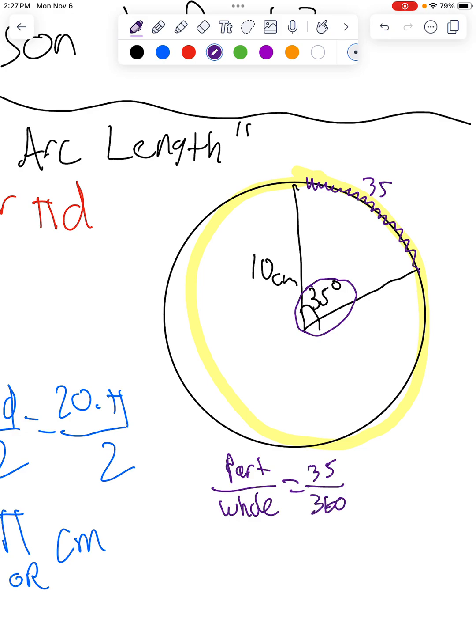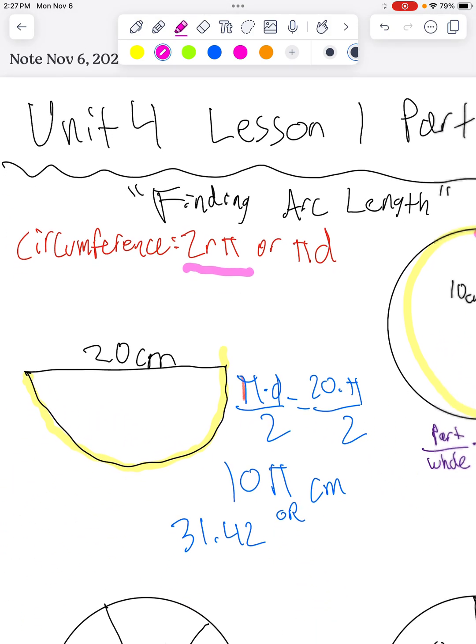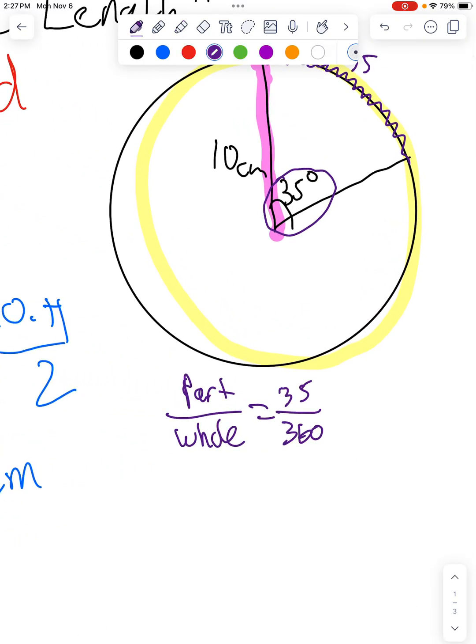And then I've got to determine, do I have the radius or do I have the diameter? I have the radius, so that means I need to use this formula: 2 times the radius times pi. So I'm going to multiply it by 2 times the radius times pi. As I work to simplify some of this, let's multiply 20 times 35.